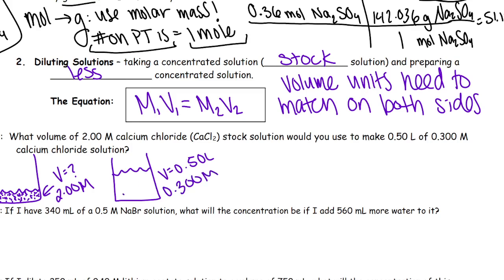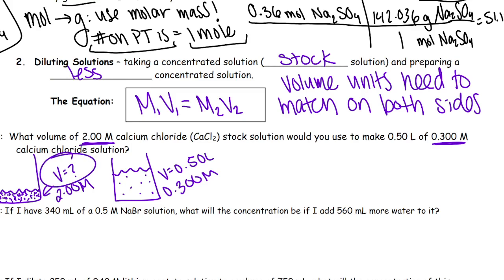This is going to be a much less concentrated solution. But I know that the volume is going to be higher because we're diluting it. I can tell that we're diluting it because I start with a concentration of 2 molar and I'm ending with a concentration of 0.3 molar. So then we're just solving for that volume right there.